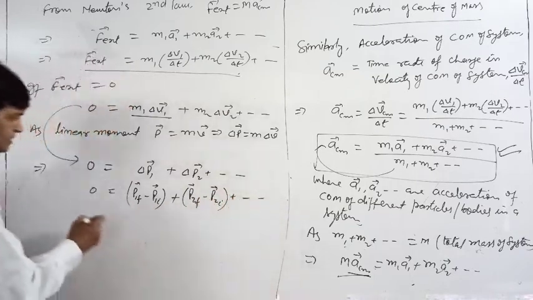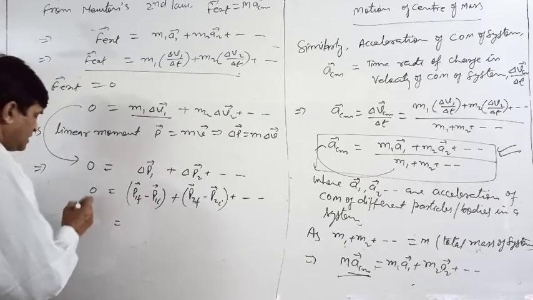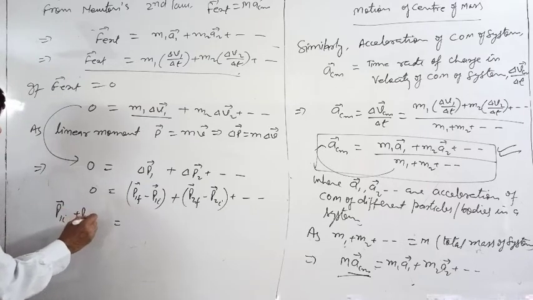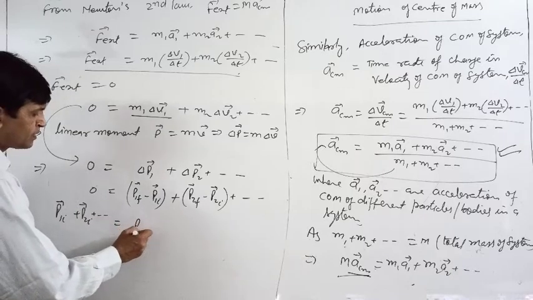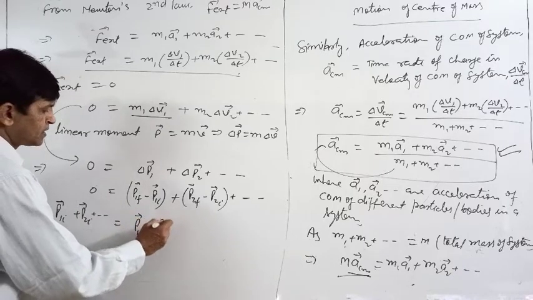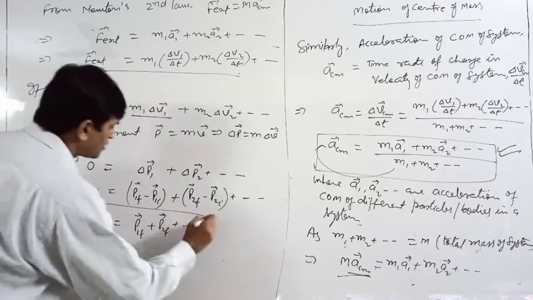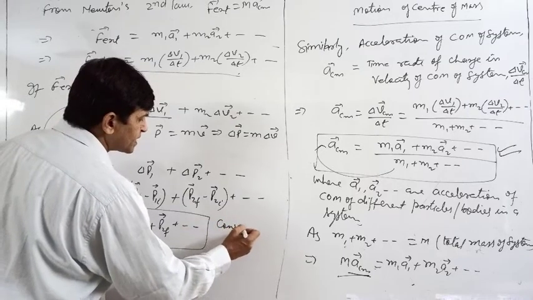Further I can write P1 initial plus P2 initial equal to P1 final plus P2 final. This is called conservation of linear momentum.